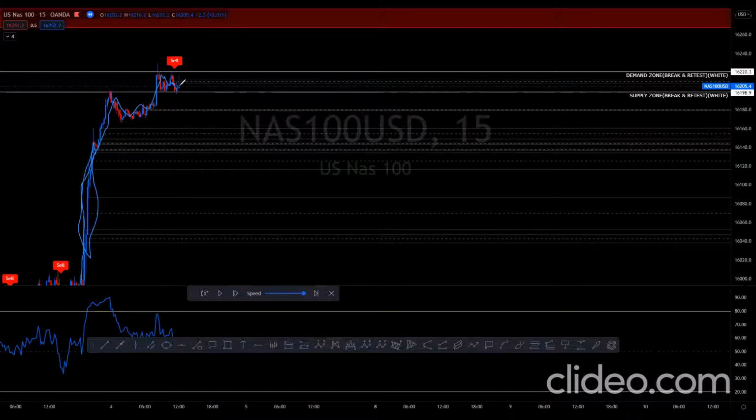So what that means is the banks are going to have to fill these imbalances that this trend created, because there are orders in the market that were not filled, and they have to refill those and give other buyers and sellers the opportunity to participate in the market. And ultimately they need to fill these orders so they don't lose any money.